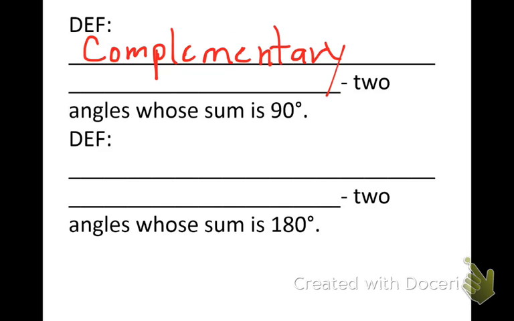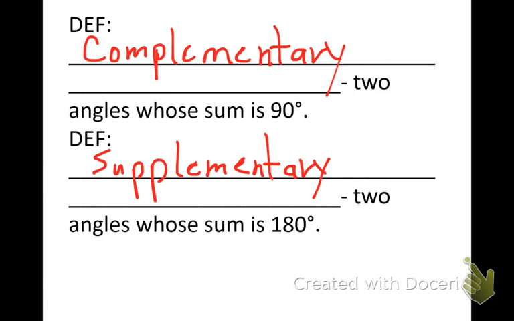Then the other one is supplementary. Angles that add to 180 are supplementary. When I was a student, I always had a hard time remembering which was which: complementary, supplementary, 90, 180.